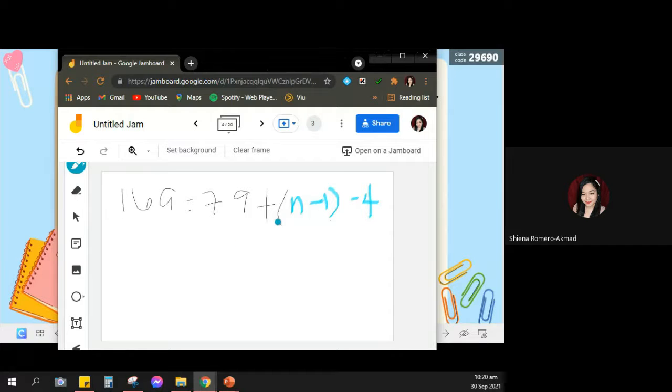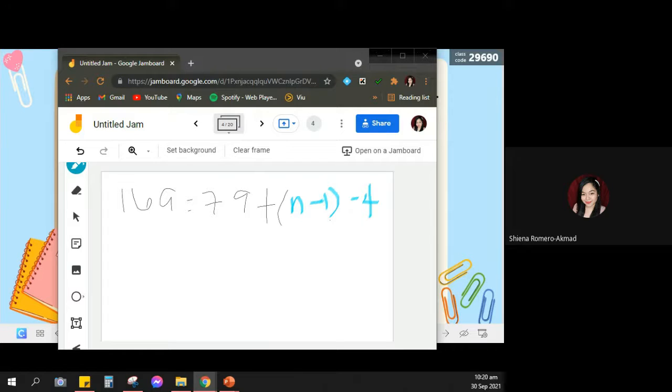Next. Saan na yung nagsasagot dito? Mark. Solve this. Solve mo yan habang nire-report ko yung attendance. Anong ginawa natin dyan?